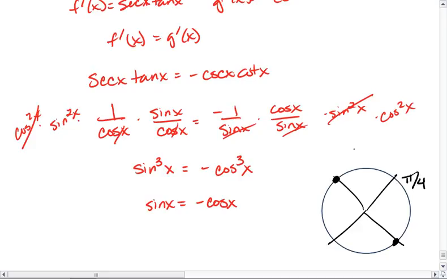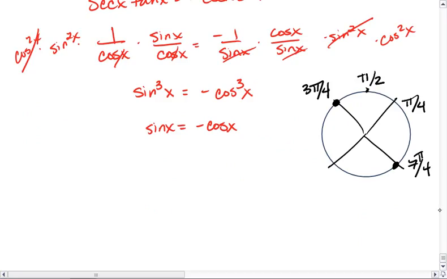This is pi over 4, this is 3 pi over 4, and 7 pi over 4. So the solution is that they have the same rate of change at 3 pi over 4 and 7 pi over 4, where sine is either positive or negative root 2 over 2, and cosine is the opposite of that.